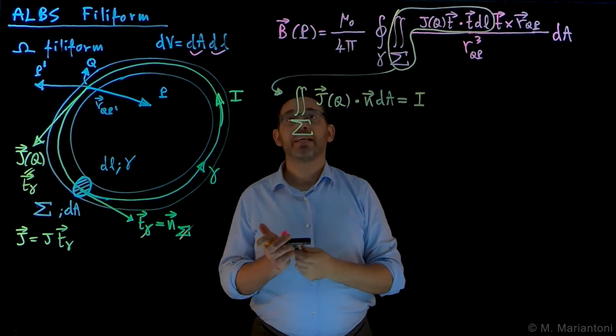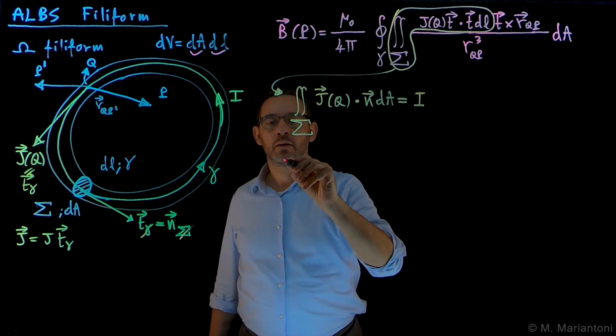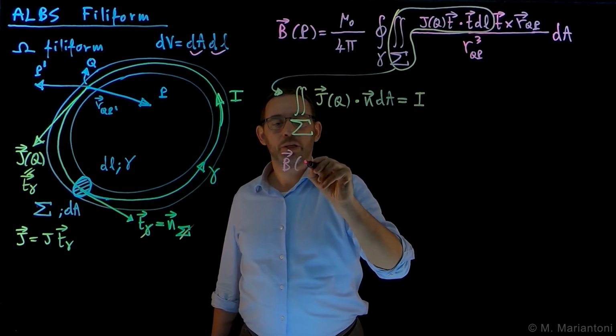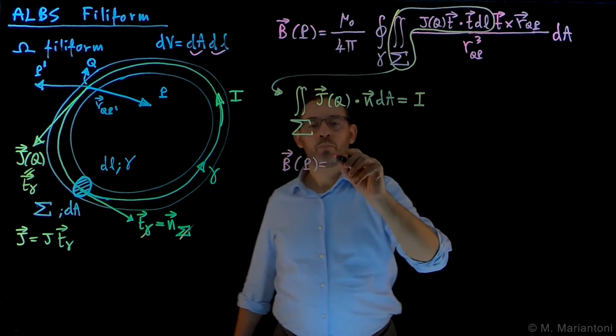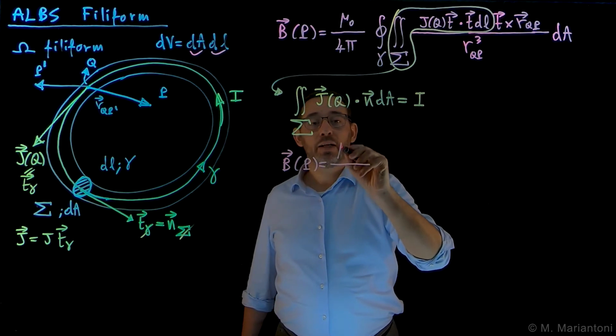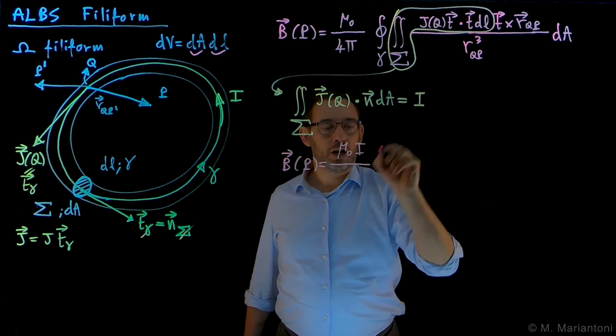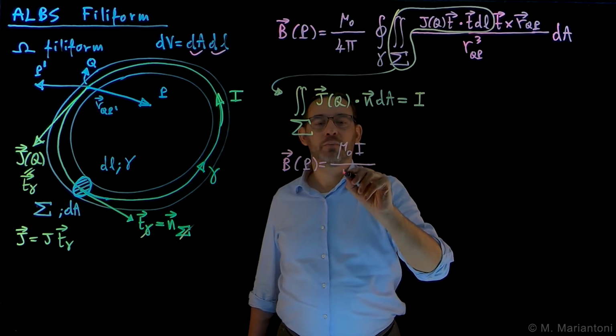So we can rewrite finally this expression for B of capital P as equal to mu naught over 4 pi. Mu naught, in fact, we can do times I because it's a constant, of course, in case of steady currents, divided by 4 pi.